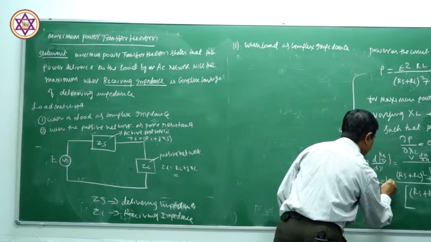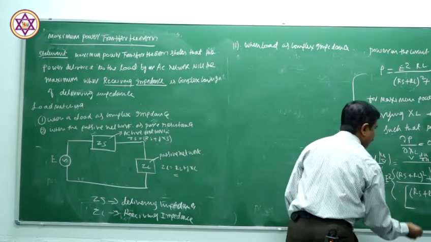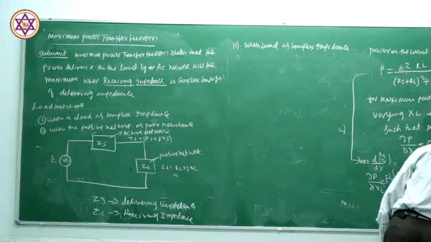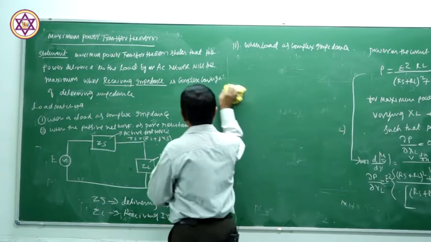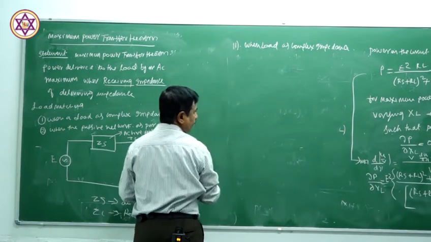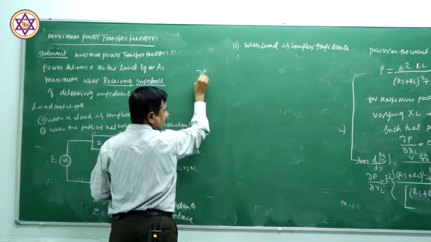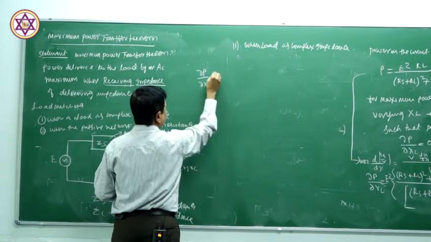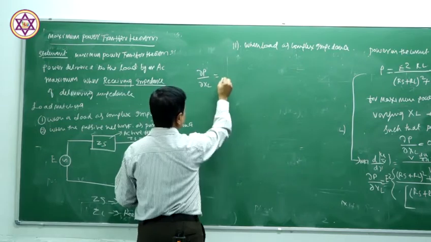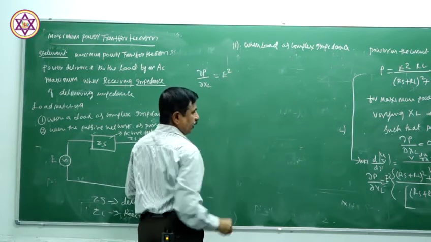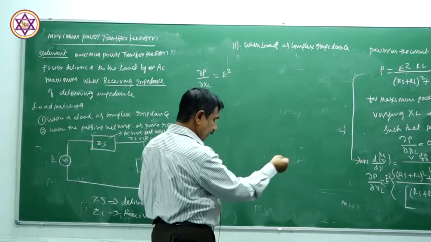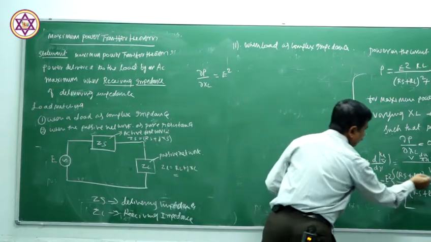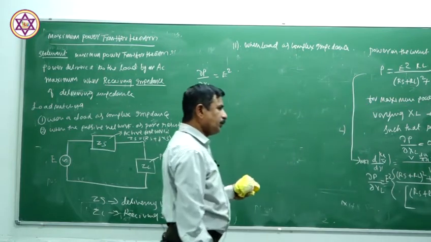Here I have to take E squared outside. So what are we going to get? We are going to get dP by dXL is equal to E squared into, that is this part, this entire thing is 0.